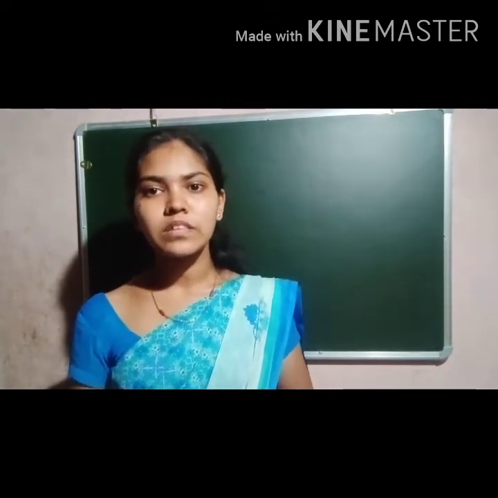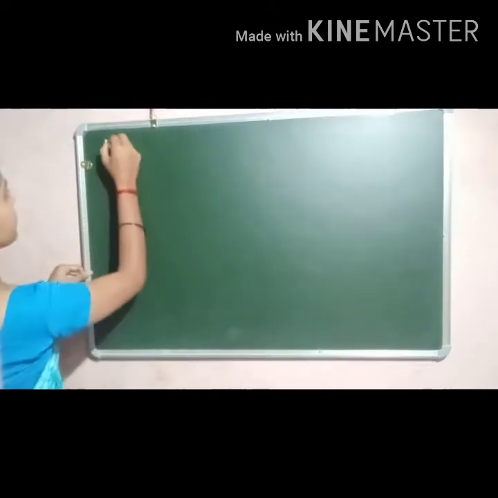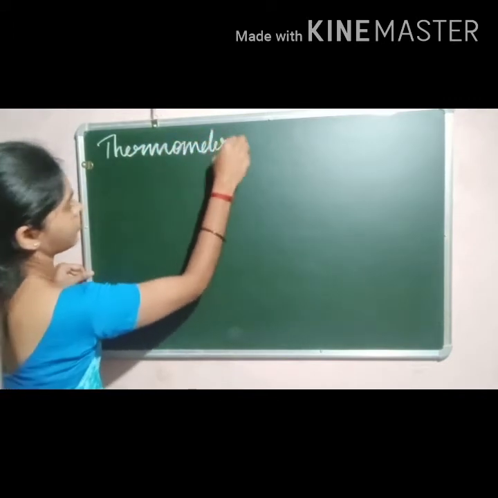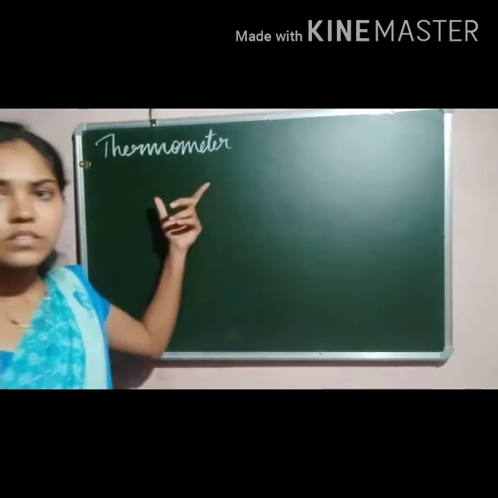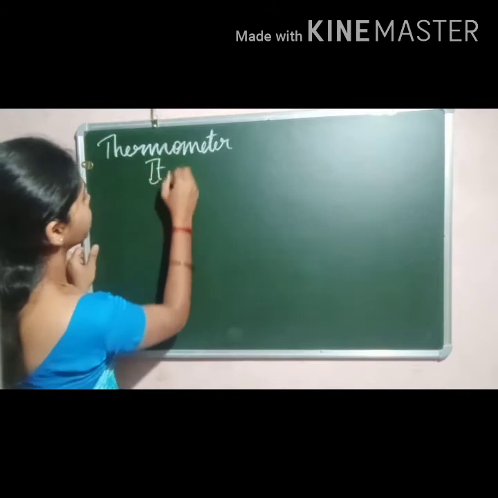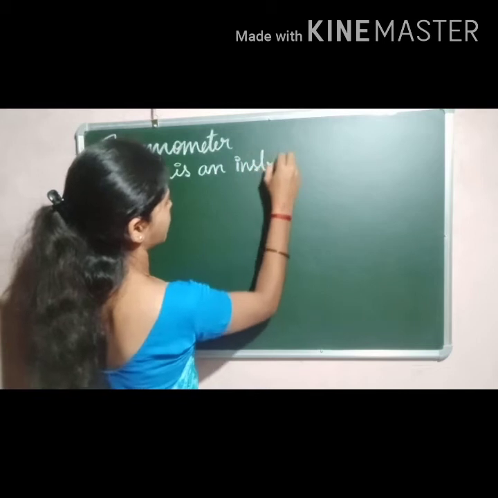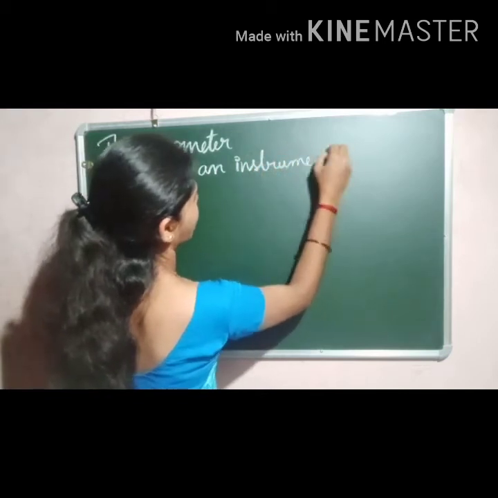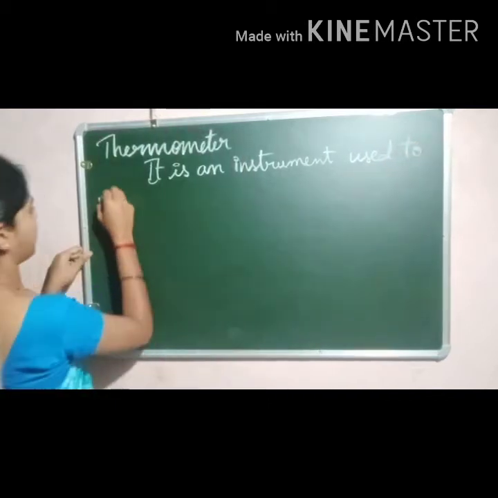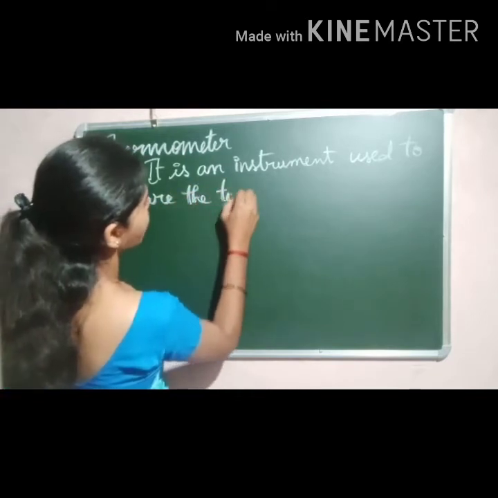The instrument which is used to measure the temperature of an object is known as a thermometer. What is a thermometer? We can define it. It's an instrument used to measure the temperature of an object.